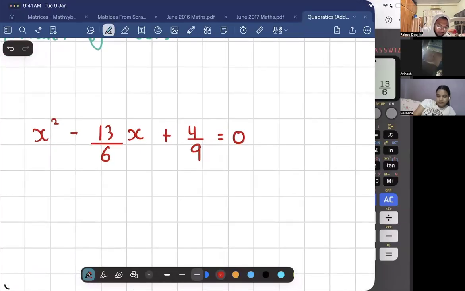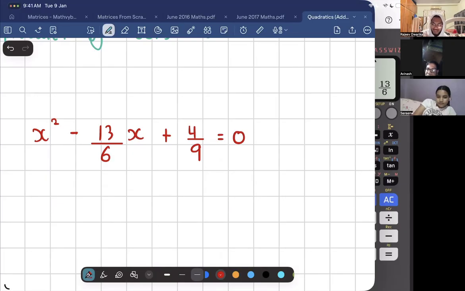So, Avinash, if you look at this, what are the numbers in the denominator? 6 and 9. All right. So Serena, what is the LCM between 6 and 9? 18. Yeah. So if I want to get rid of the 6 and 9, I can multiply everything throughout by 18, because 6 can go into 18 and give you a whole number.